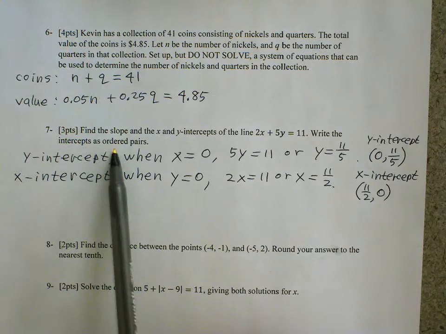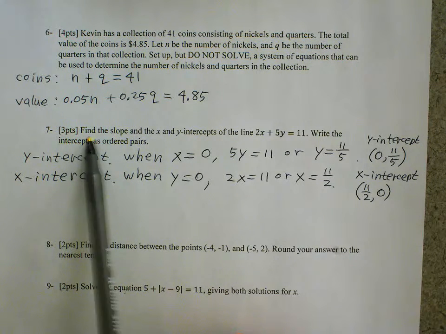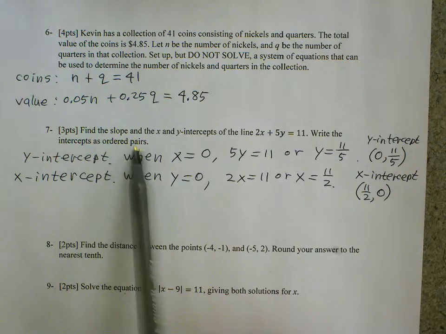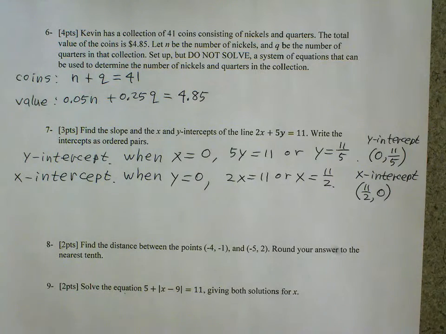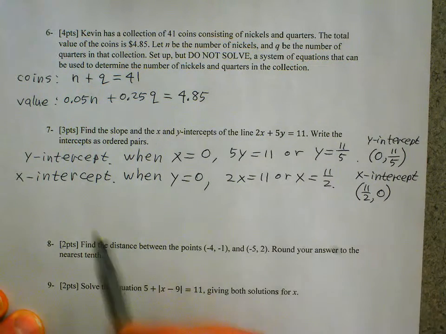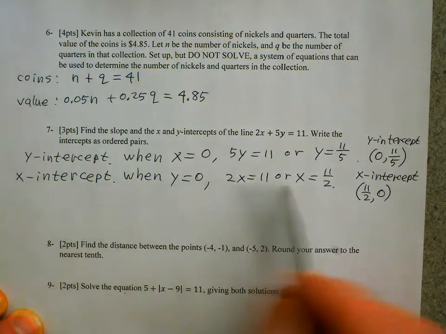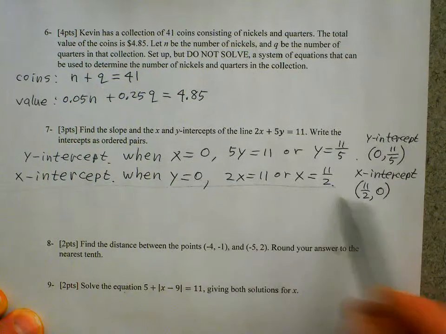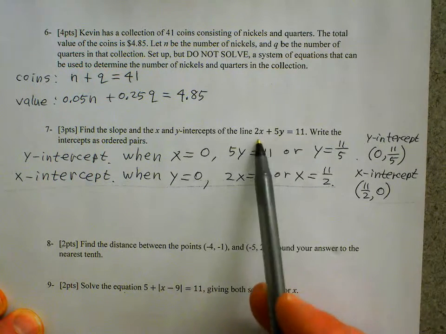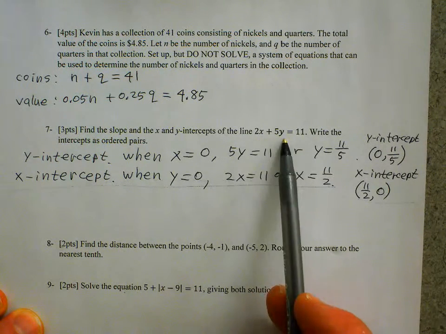So what else are we supposed to find? We're supposed to find the slope of that line. Well, there's more than one way to do it. One way is just to rewrite the equation so that it's in the y equals mx plus b form.